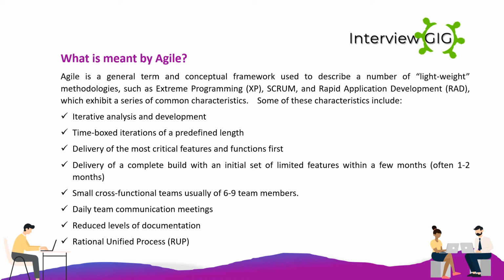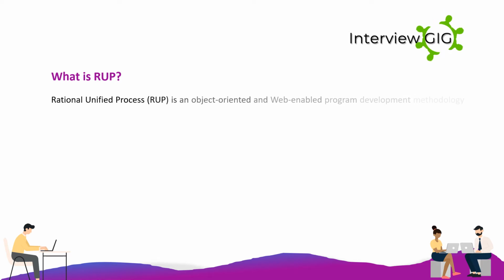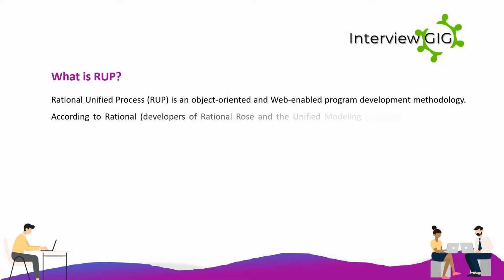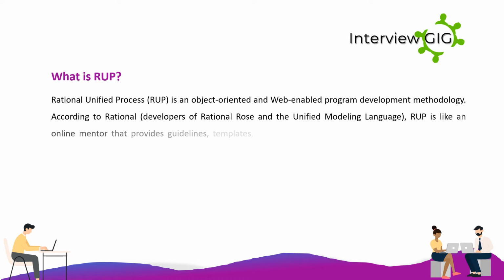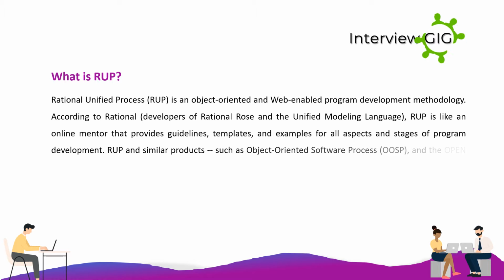Rational Unified Process, RUP. What is RUP? Rational Unified Process, RUP, is an object-oriented and web-enabled program development methodology. According to Rational, developers of Rational Rose and the Unified Modeling Language, RUP is like an online mentor that provides guidelines, templates, and examples for all aspects and stages of program development.